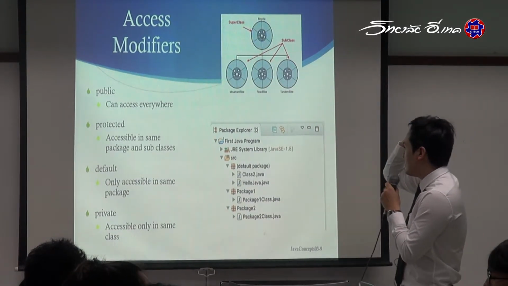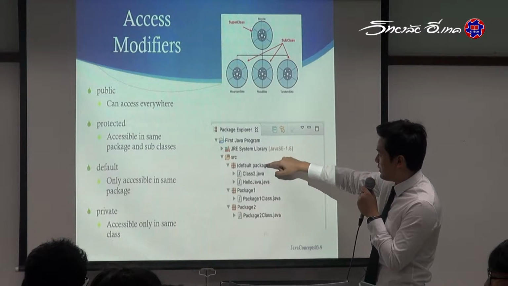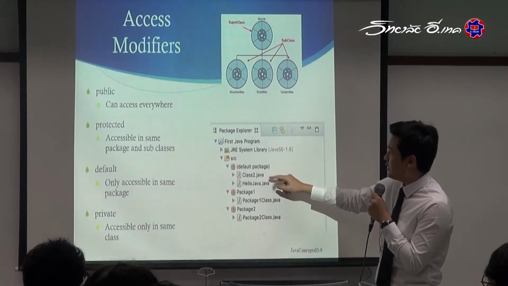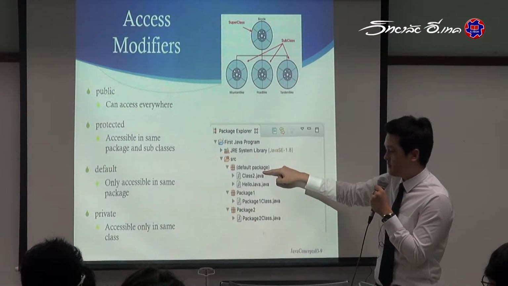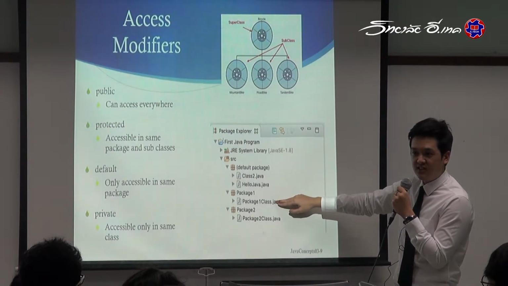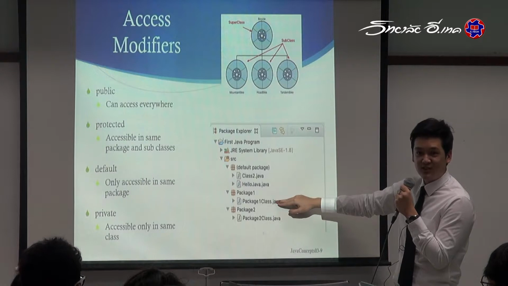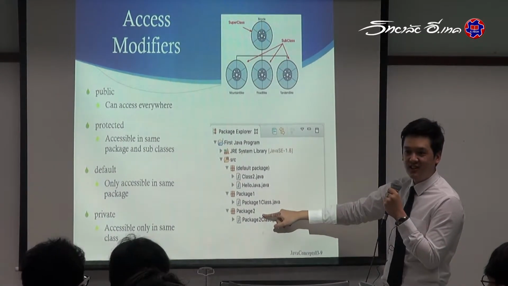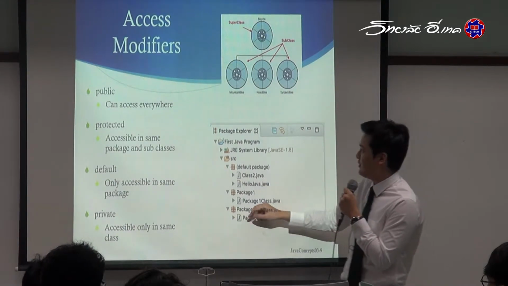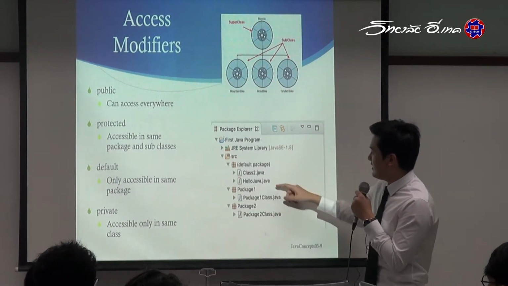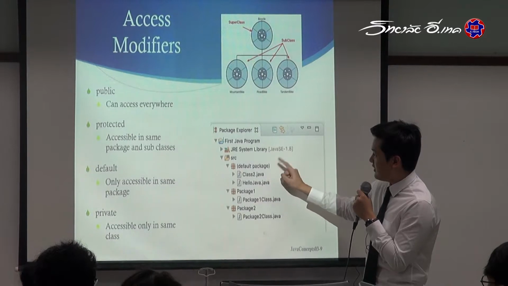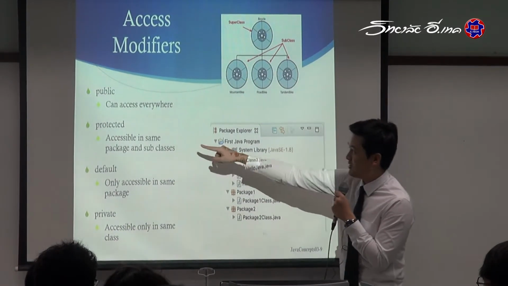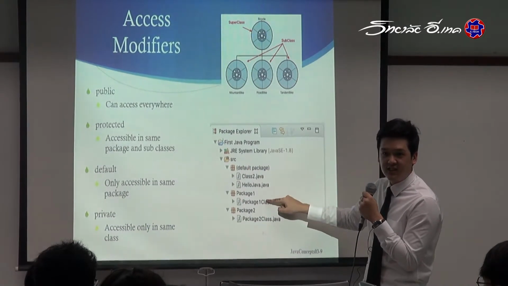So here we have 3 different packages, right? If I have a variable that's public here, can these guys access it? Yes, right? Because it's public. Everyone could access it. And here? Yes, right? But protected, if I have a variable that's protected in Class 2, okay, protected, can they access it?